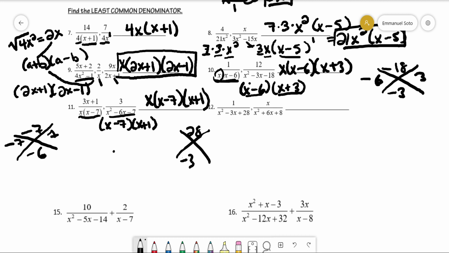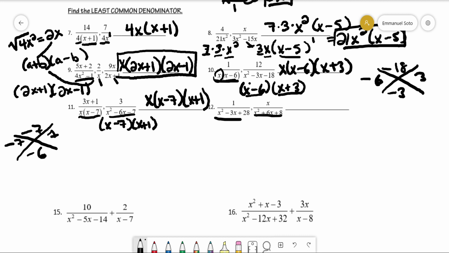So we said 2 and 14 does not work. 7 and 4, they both have to be positive or negative, so this doesn't work either. Alright, so anything else? Let's see here. 6 doesn't work, so that's it. So there's nothing else that would work. 28 and 1 won't work either. So that means we cannot factor this one. So that means this is prime, so we don't have to factor it, which is good. One less thing to factor, so we leave it like that.